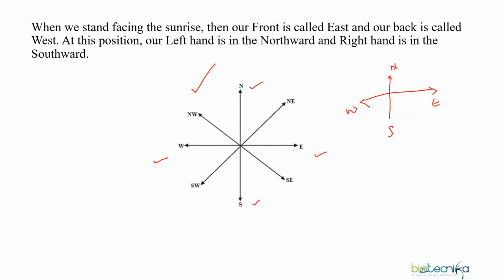Whenever you are solving the question, just draw this particular diagram. Then read the question and relate it with this diagram, and you can easily solve it. Usually whenever we try to solve a distance and direction question, we assume ourselves in the north direction, or in the east, west or south direction.